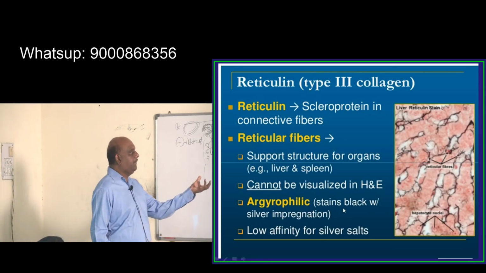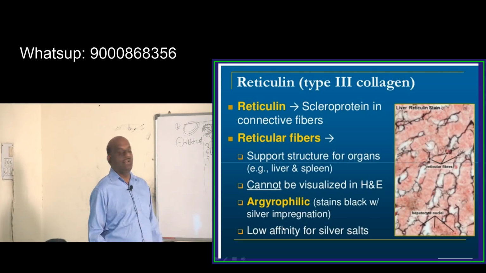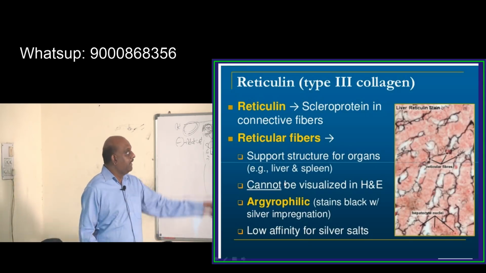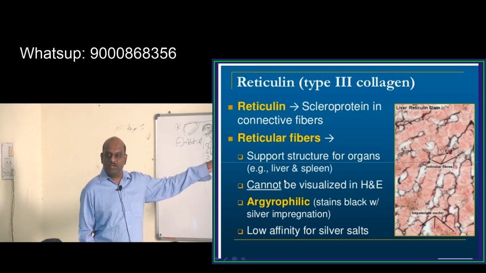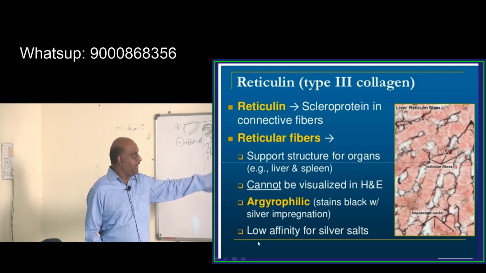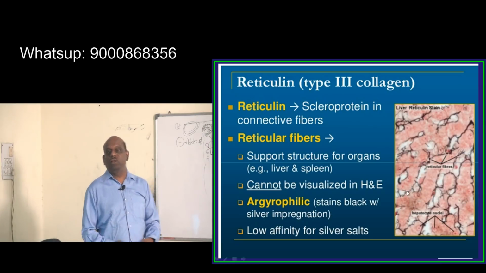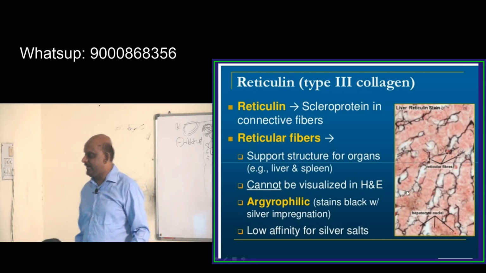It will typically become black if you do the silver impregnation technique. If you look at the recent AIIMS question papers, one of the questions was on where do you use the argyrophilic stain, which is silver impregnation technique, to discover the reticulin fibers.